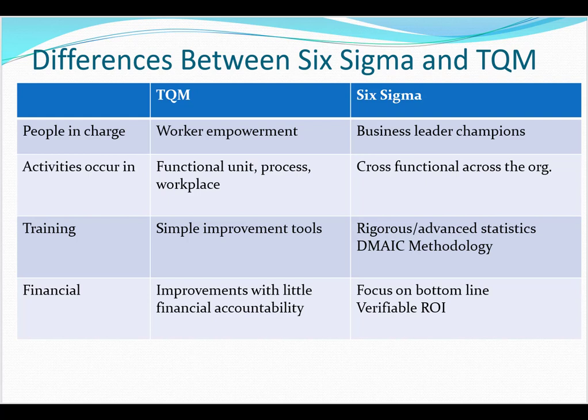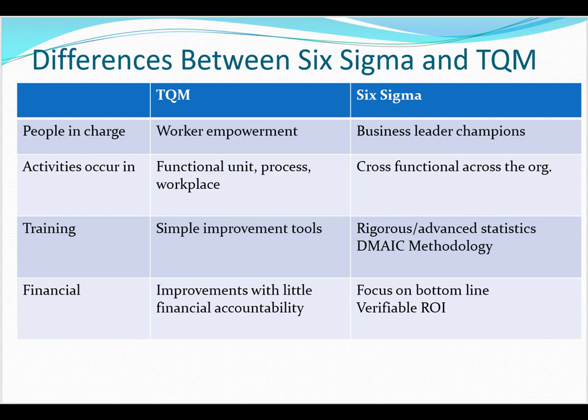Activities in TQM occur in functional units or processes or workplaces, but in Six Sigma they're cross-functional and they span all of the organization. Training in TQM is on simple improvement tools, but for Six Sigma they're rigorous, advanced statistical tools, and also the DMAIC methodology.